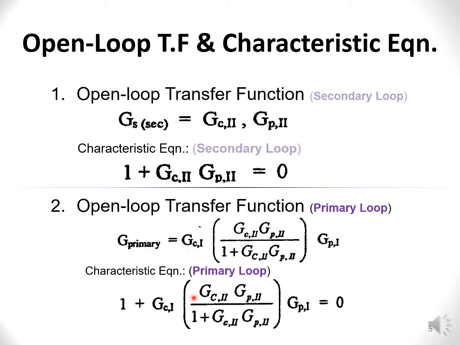This is a normal characteristic equation that will be used to design our controller, the stability of our controller. The tuning also can be done using this to make sure the whole control system that we have for this cascade system is stable and can be used for the system that we have in particular.